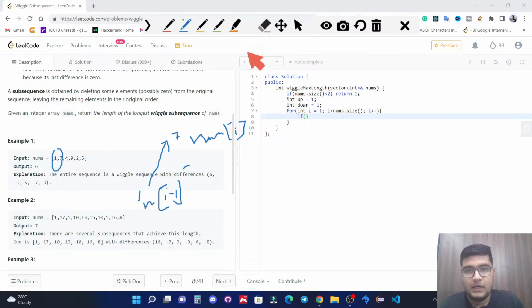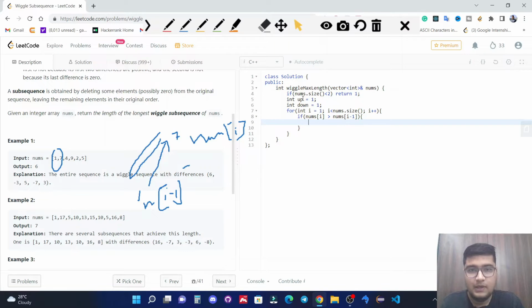We are just subtracting both the values and we are getting the positive value. So we can write: if nums[i] is greater than nums[i-1], then we update up with down plus 1.